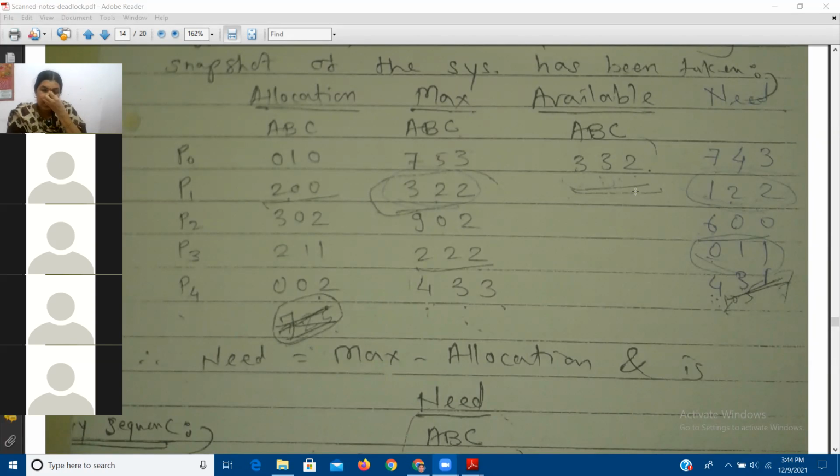So according to the resource request algorithm, in resource request, whatever your maximum need is, instead of asking for it all at once, you divide it into requests. The need is 743, so without asking for 743, suppose process P0 asks for 221. It means the request of process P0 right now is 221. So can I choose process P0 right now?